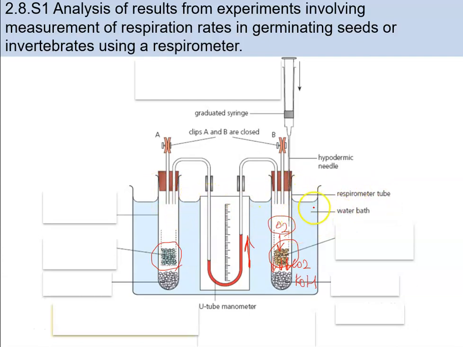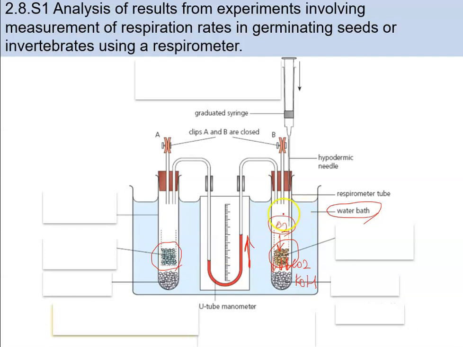We have a water bath. Okay, this is something that I didn't explain over the previous slide. What do you think the water bath is for, and what is its role? Pause the video. Okay, the water bath is for keeping the temperature constant between these two, because temperature will affect the volume of the gas.